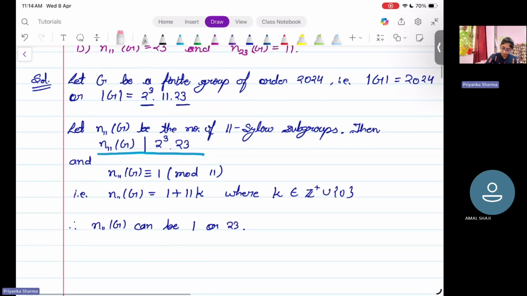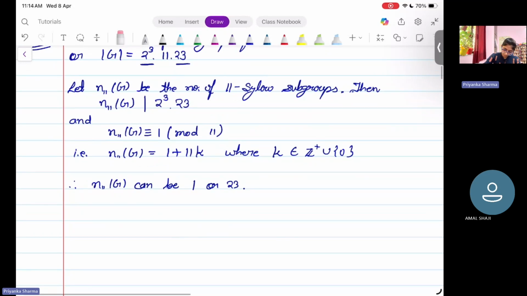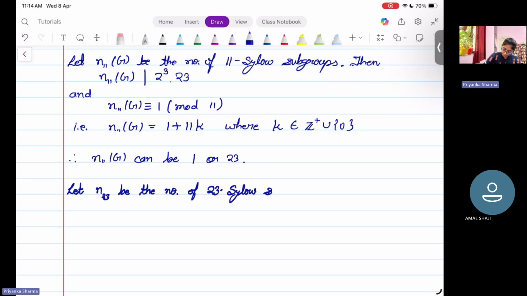Now, what about n23(G)? Let n23(G) be the number of 23 Sylow subgroups.